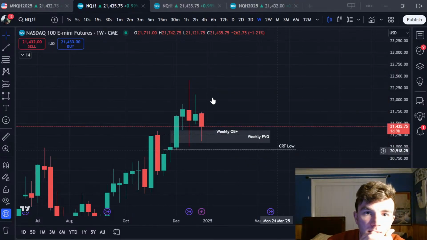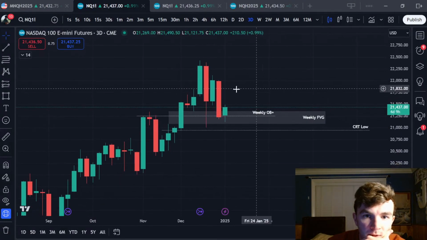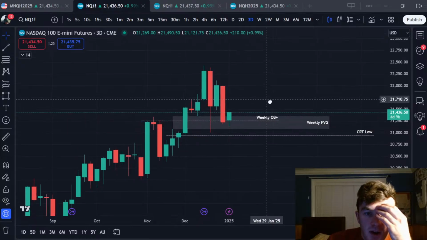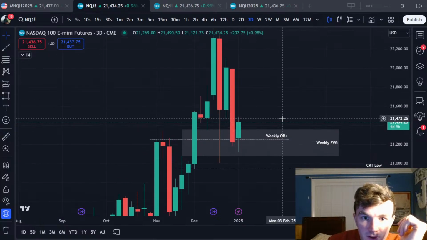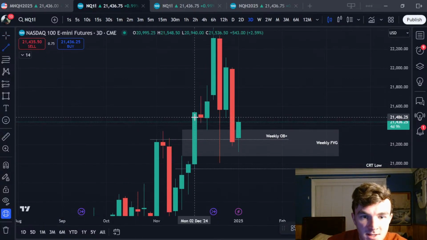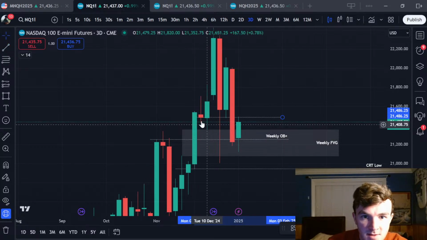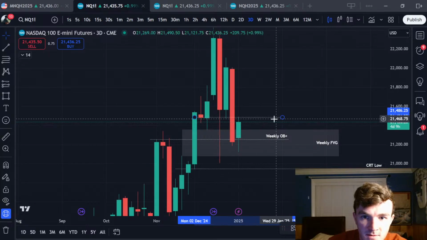Alright, let's go down to the next time frame. Well, on a 3 day, actually, we retested this breaker. This is a breaker because it's a high, a low, a higher high, a lower low.